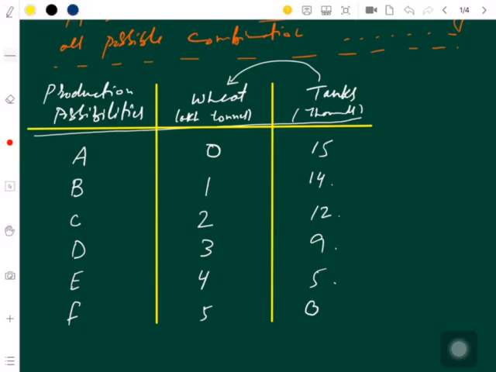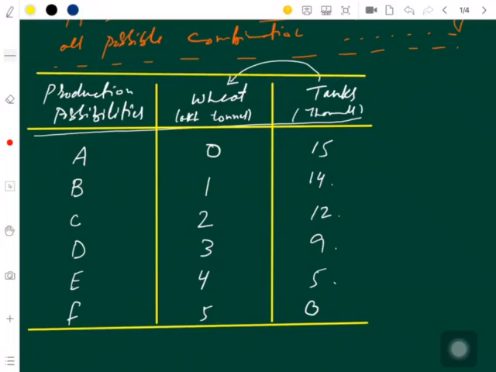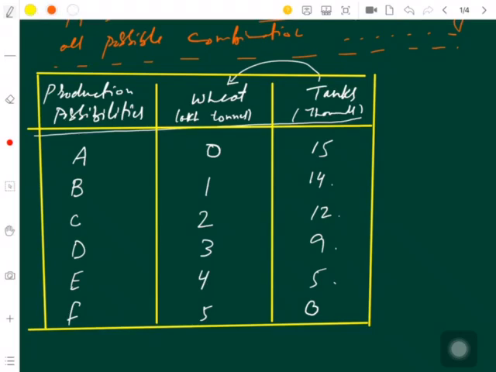As you can see in this table, it is quite evident that if all the resources are employed in the production of tanks, 0 wheat will be produced, and if all the resources are employed in the production of wheat, 0 tanks will be produced. So in between there is a trade-off between the possibilities we are talking about.